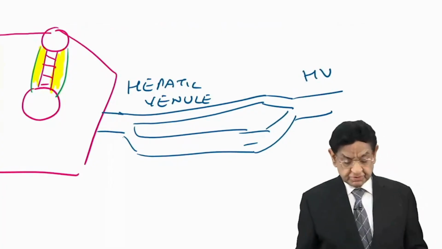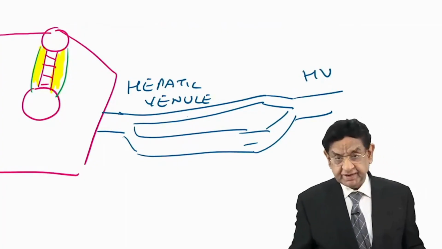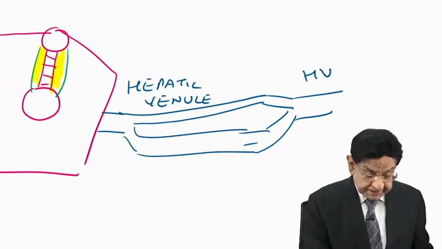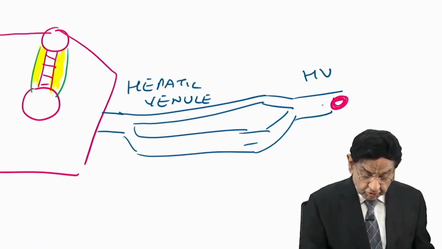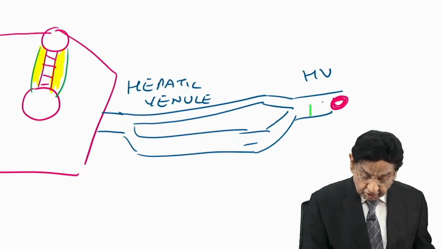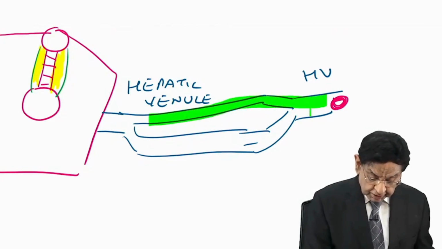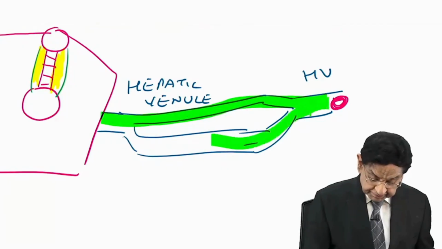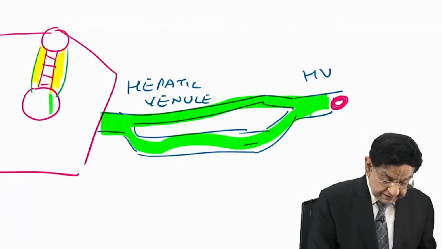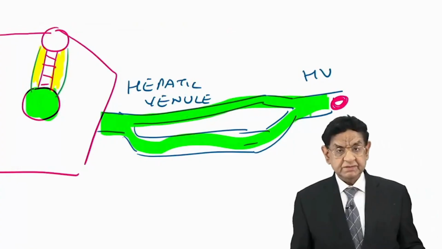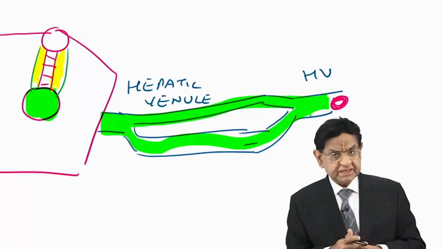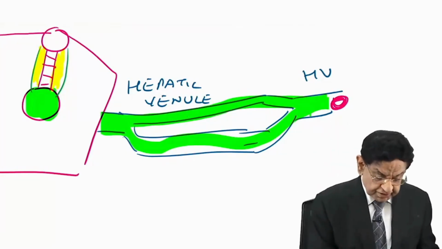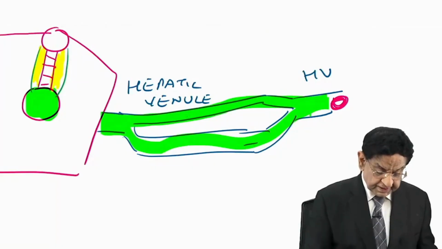So we understood hepatic venules, hepatic vein. Now if blockage is there in the hepatic vein, all the backflow will be totally congested, including the central vein. They all will be congested.